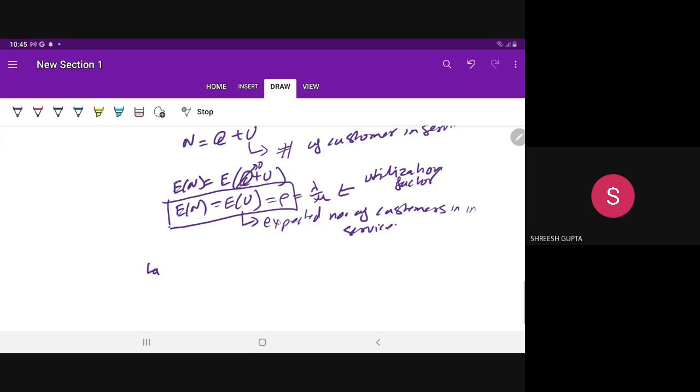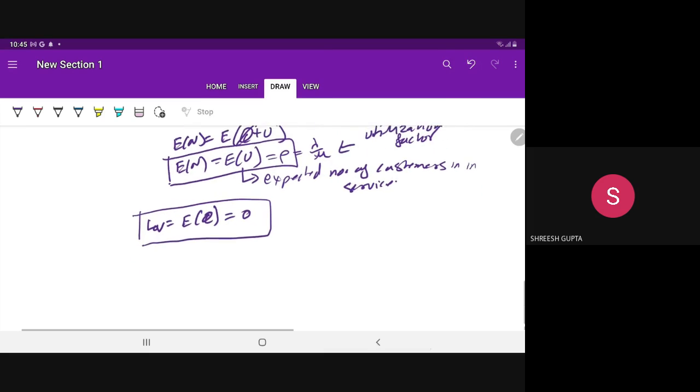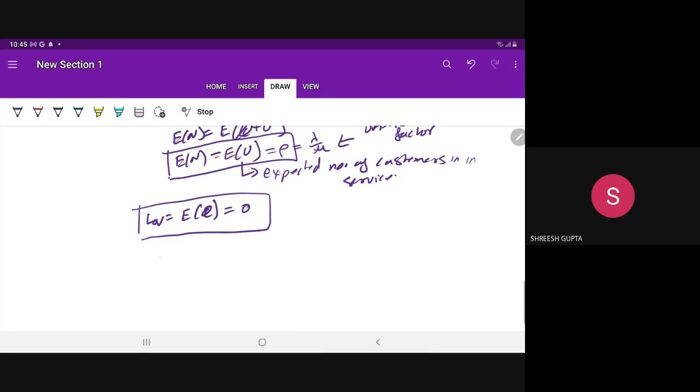So Lq we have computed. Lq is what? It is the Eq. Since q is equal to 0, this is always 0. And we know that lambda bar is what? Summation of lambda n into Pn for n is equal to 0 to infinity. All the lambdas are lambda.